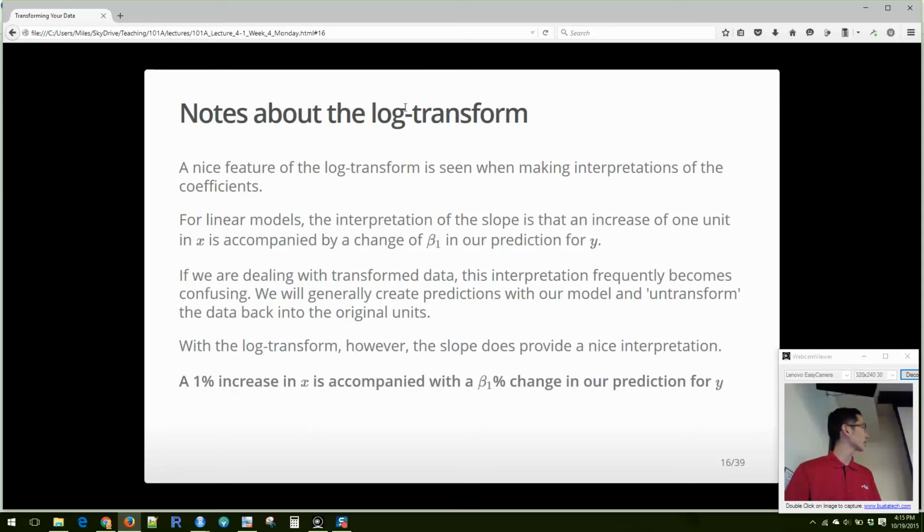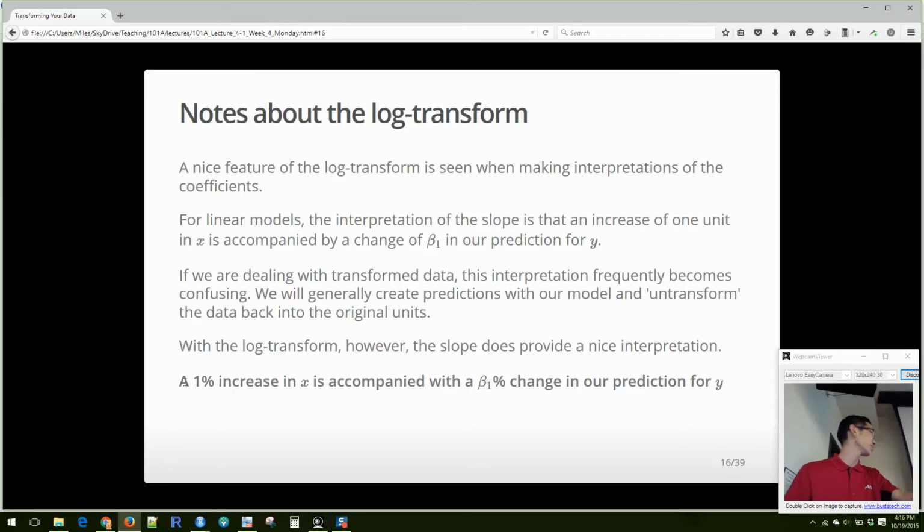But with the log transform, because sums of logs are products, we can say a 1% increase in x is accompanied by a beta 1% change for y. Okay? This is technically not 100% true, in that it is only true as long as beta 1 is relatively small.